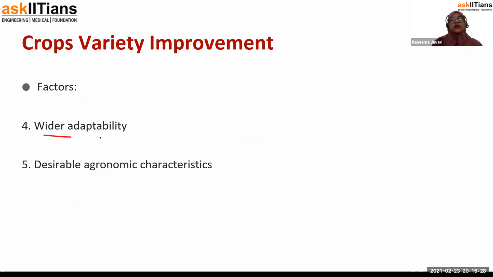Then there is wider adaptability. So if there is a crop that has wider adaptability, it can withstand wider climatic conditions, then it will be possible to grow it in many areas, which will dramatically increase the crop production.